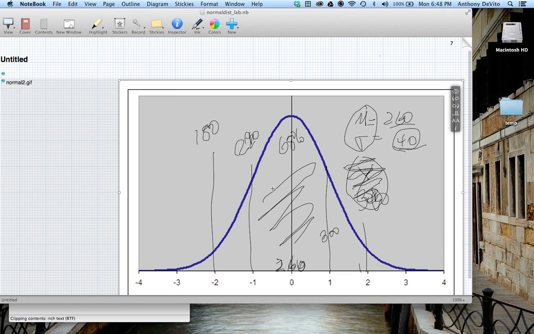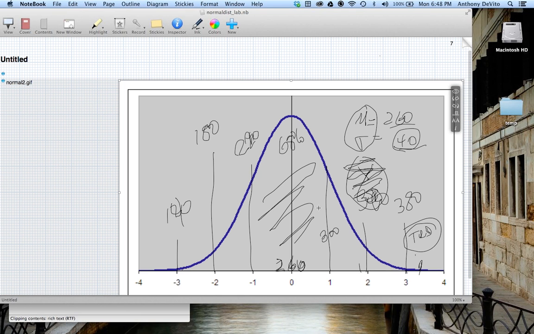That's our empirical rule. And we know, of course, that at 3 standard deviations, basically the entire population is going to be between 140 and 380, right? I think the only person who has hit over 380 in the last 30 or 40, last 50 years is probably Ted Williams. He's up here, right? But he's one guy in how many thousands of guys, right?